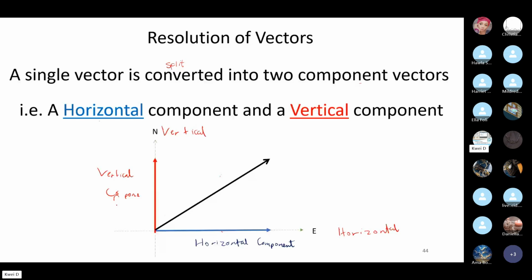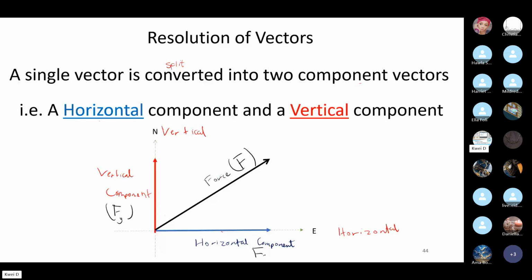We want to know the magnitude with which this force is acting vertically, F subscript Y, and then the magnitude with which this force is acting horizontally alone. We can call that F subscript X, which is what we are referring to as Fx.